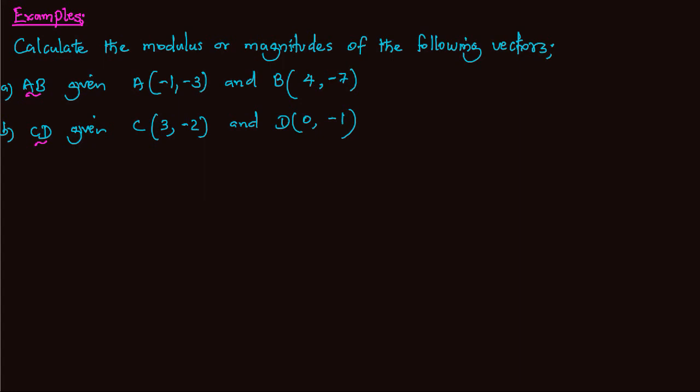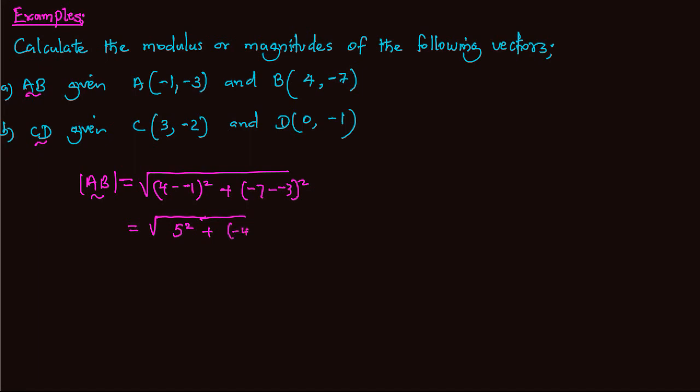Applying the above formula, we find that the modulus of AB is given by the square root of (4 minus -1) squared plus (-7 minus -3) squared, which is equal to the square root of 5 squared plus -4 squared.